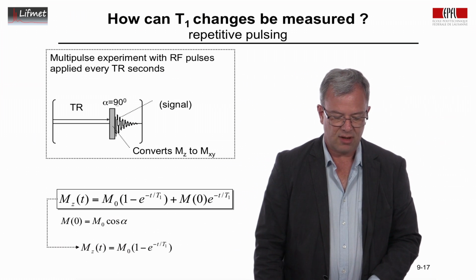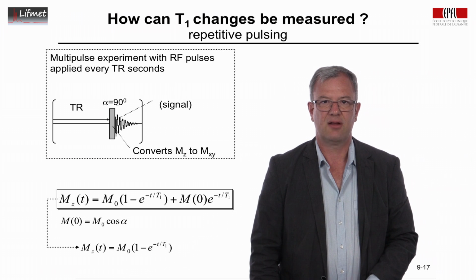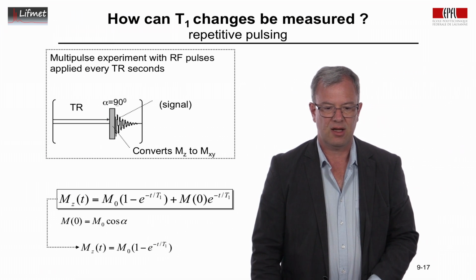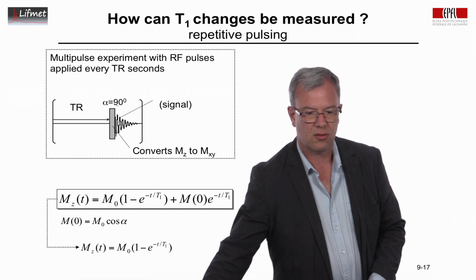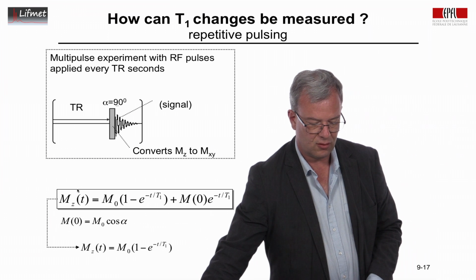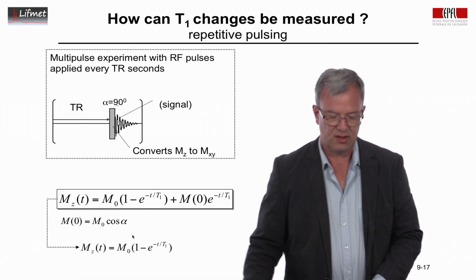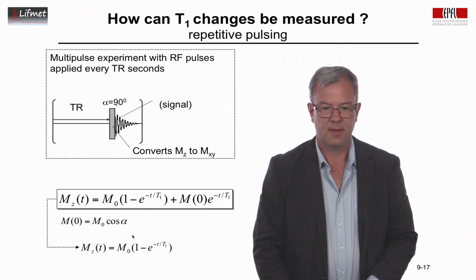And then we can write this in this form. That is, basically, we are using the fact that we have used a 90-degree pulse here. So M0 cosine alpha, since cosine of 90 degrees is 0, this term is 0, so our Z magnetization is just this term here, which is written here again.